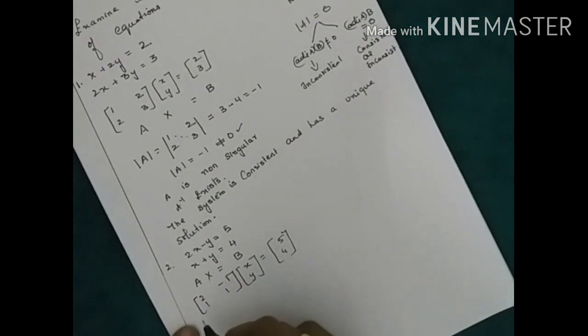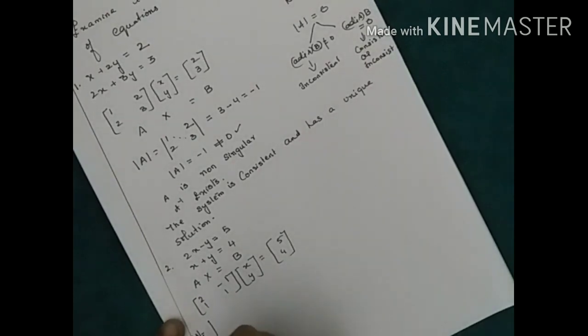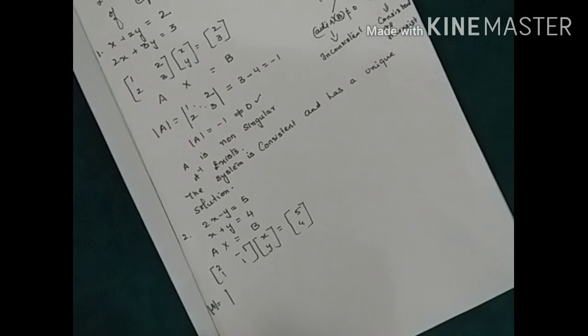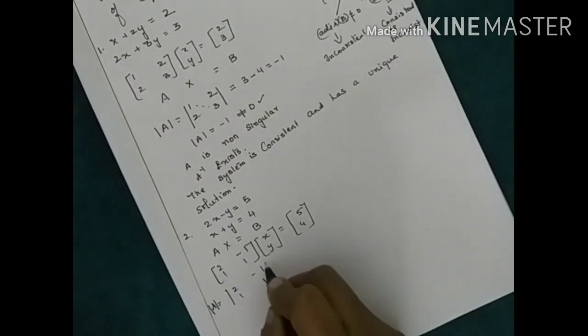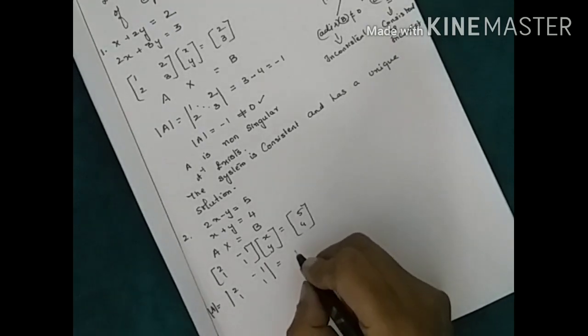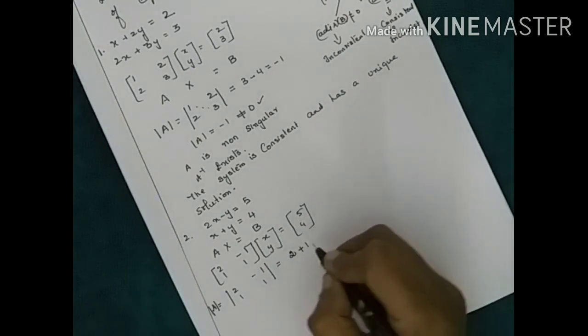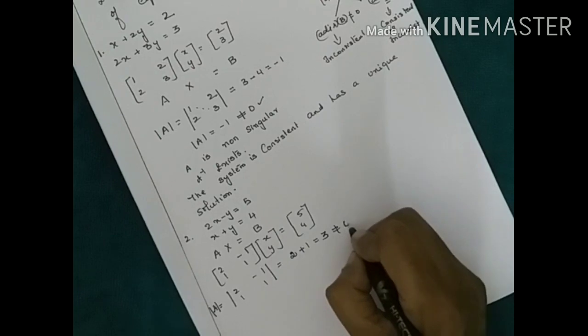So let us first find the determinant of the matrix A. Okay, so determinant of A is |2 -1; 1 1|. That is equal to 2 into 1 is 2. Minus of minus 1 becomes plus 1. That is equal to 3. Not equal to 0.